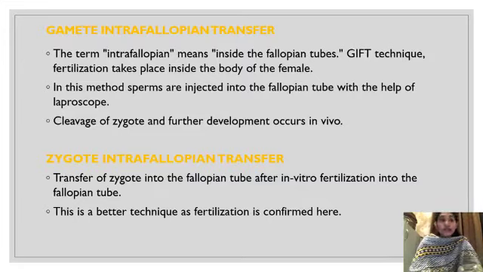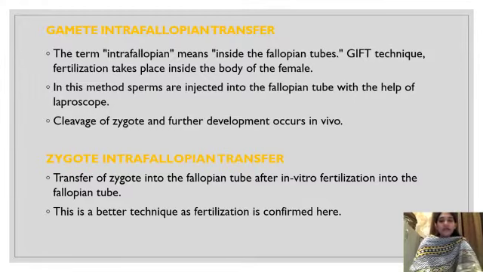The third one is zygote intrafallopian transfer. Here the zygote will be transferred inside the fallopian tube. That means the fertilization will take place in vitro. The sperm and the ovum will mix, or the ovum will be fertilized, in the laboratory. It will get proper conditions, and once it fuses and forms a zygote, the zygote will be taken and placed into the fallopian tube.